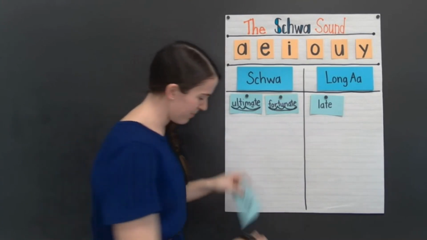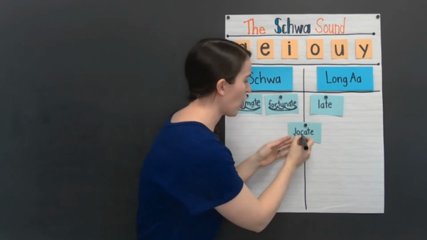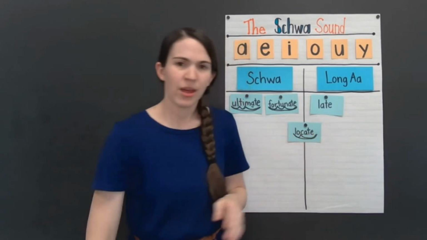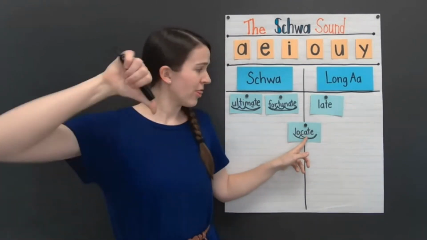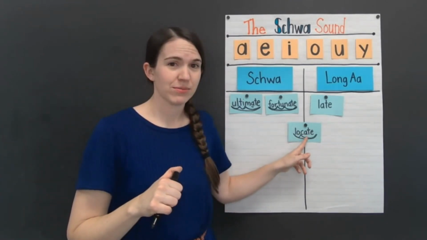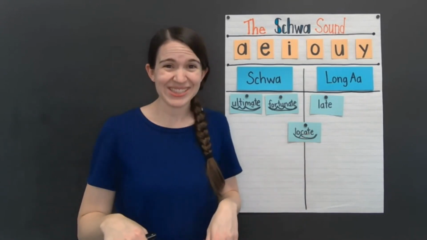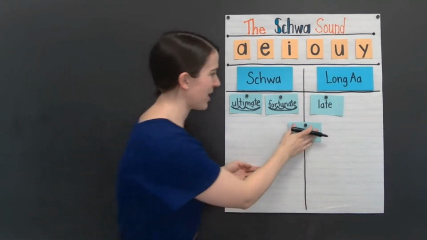So let's move that to the schwa column. Here's our next word. We're going to loop this word too. Locate. Thumbs up if the long A sound makes that sound like a real word. Thumbs down if it doesn't. Locate, that is a real word. When we use the long A sound, it makes the word locate, which means to find something.